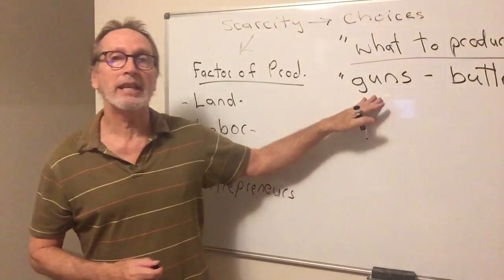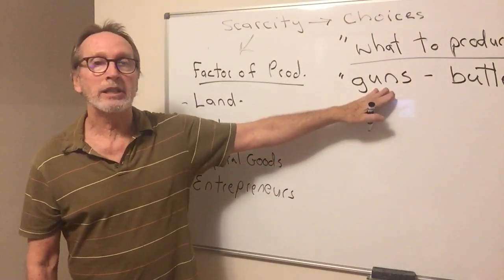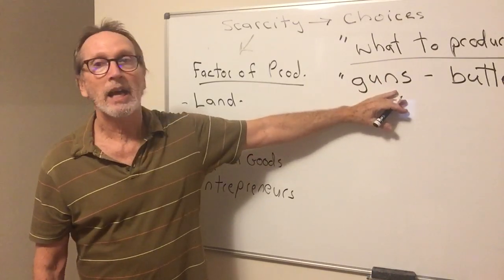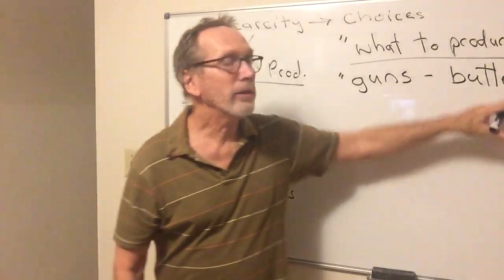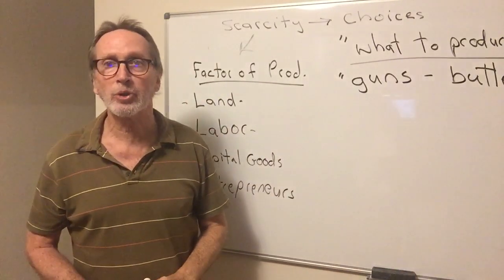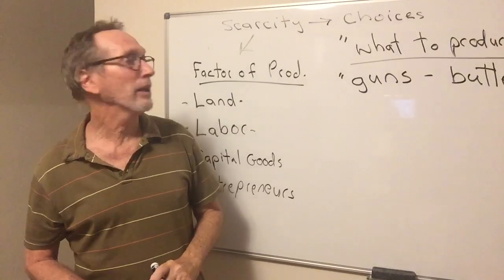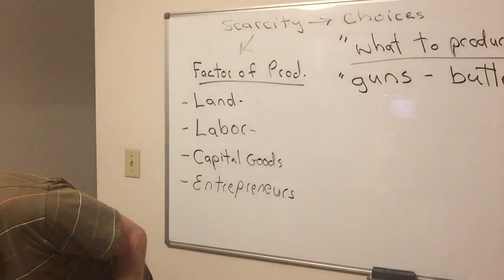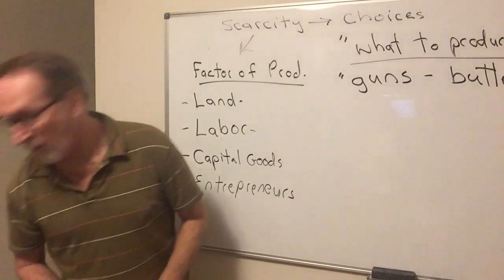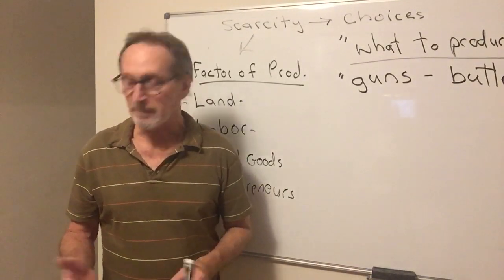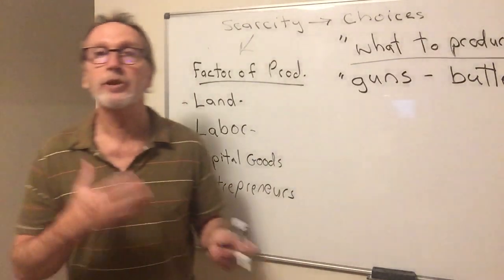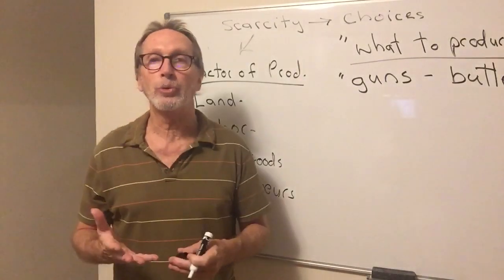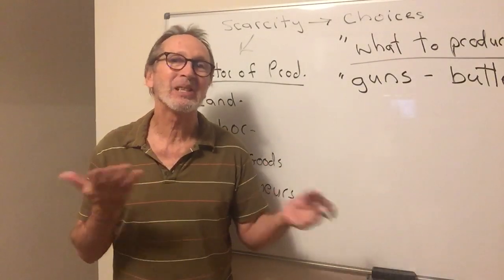Guns being sort of heavy industry, think military, steel, big intense industry. Where butter is kind of like consumer goods, food, agricultural products, retail consumer goods, right? Guns and butter, those are terms we use, but it could be anything. It could be farm goods versus factory goods. It could be capital goods versus consumer goods, as we said. It could be hats or shoes.